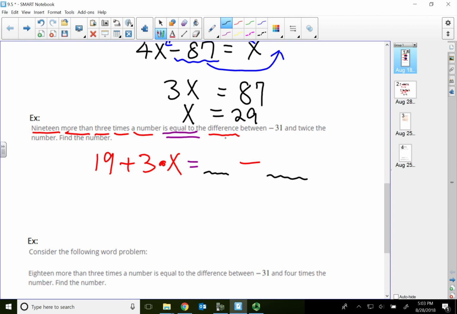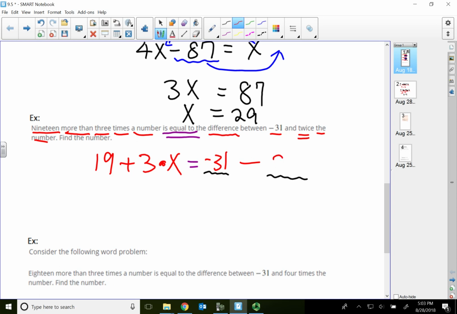So it's a subtraction between who? It tells me right away. It's a subtraction between negative 31 and twice the number. So who goes first? Who goes in front of the subtraction sign? It has to be the first thing they name. It's a subtraction between negative 31 and the other one goes right here behind it.